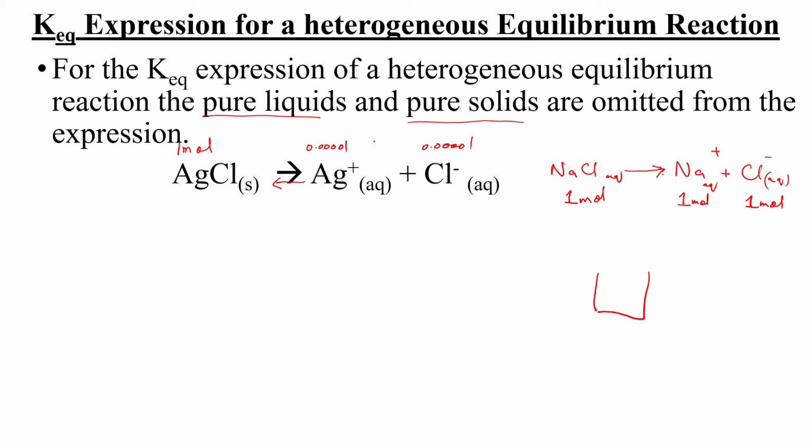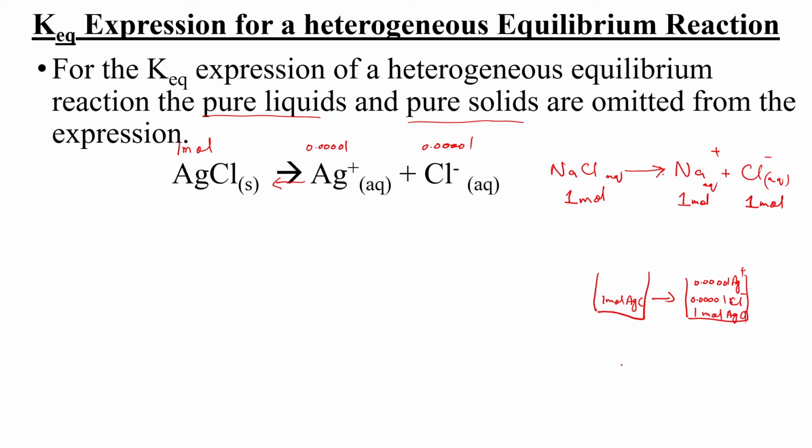So if you try to visualize your reaction mixture, in the beginning you have 1 mole of AgCl, and after the reaction you have 0.00001 of Ag plus, a very small amount of chloride, and most of your silver chloride as is. If I round this silver chloride to a whole number, I again get 1 mole of silver chloride, so there is pretty much no change in its concentration.